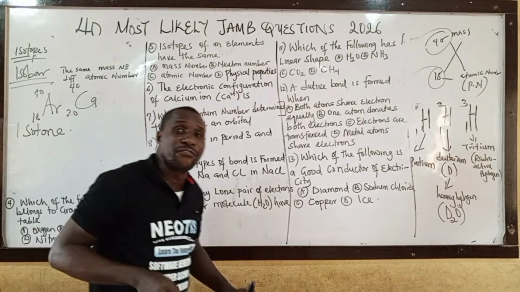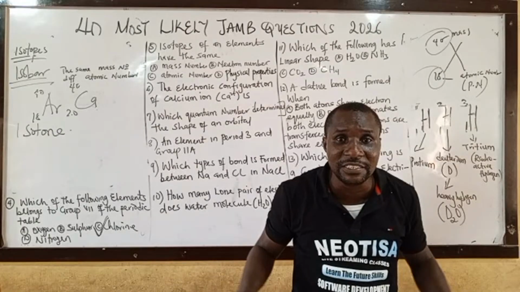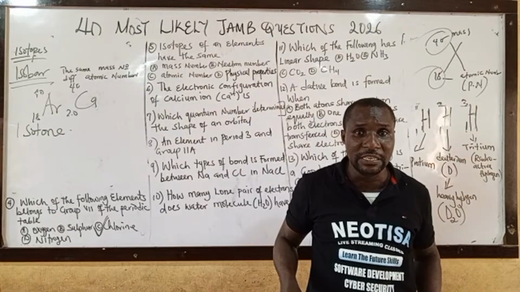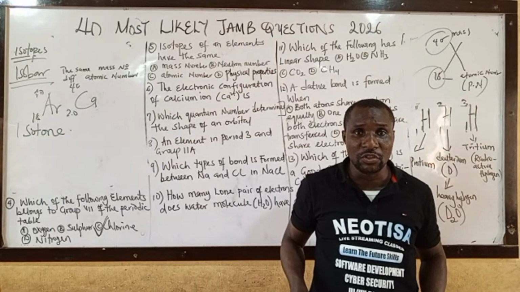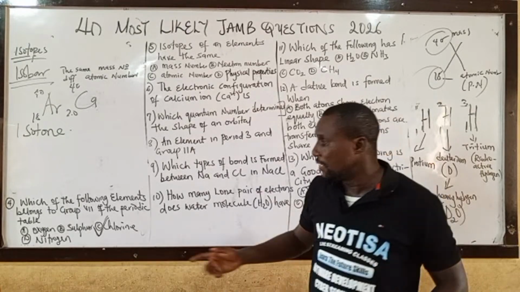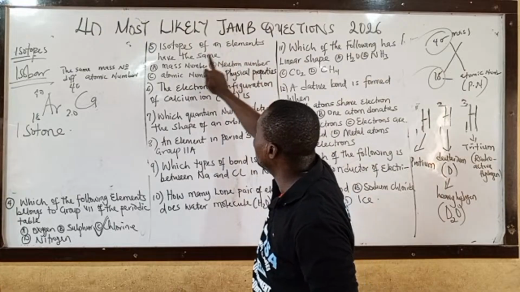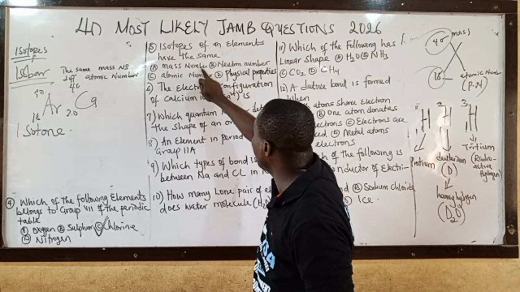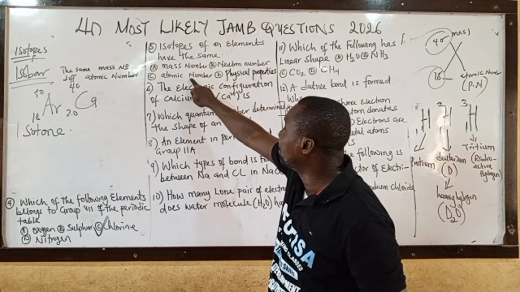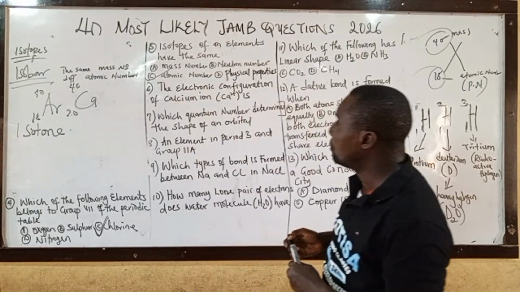They have different neutron number; their neutron number is not the same. Isotopes of an element have the same physical property? The answer is that they have the same atomic number. Option C.